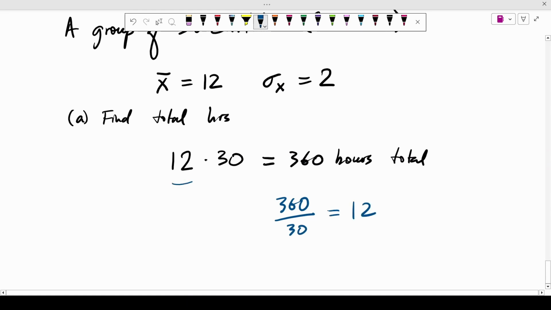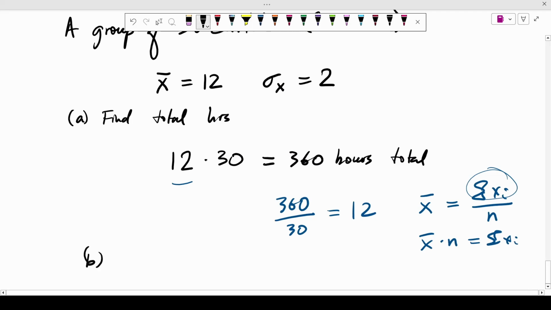So we're just going backwards and saying, okay, well, the average times the number of children is the total hours. Or if you would prefer, you could see it this way. The average is the sum of all the values divided by the number of values. So the sum of all the values, the total, is just the average times the number of data points, the number of children. Okay, so that's A.